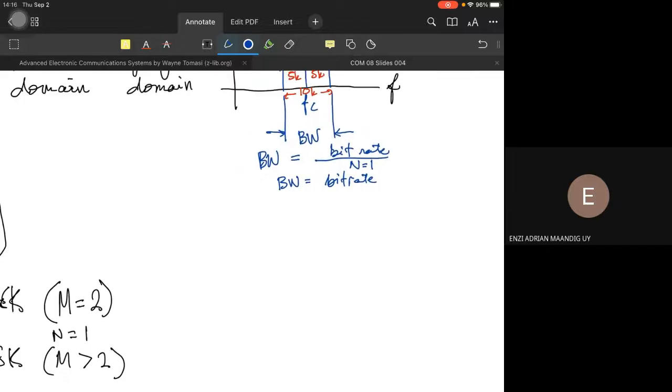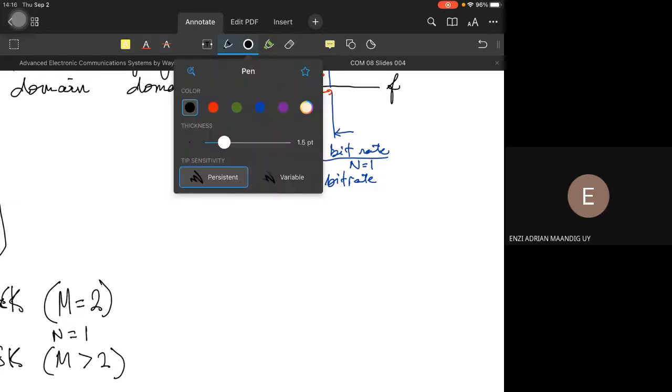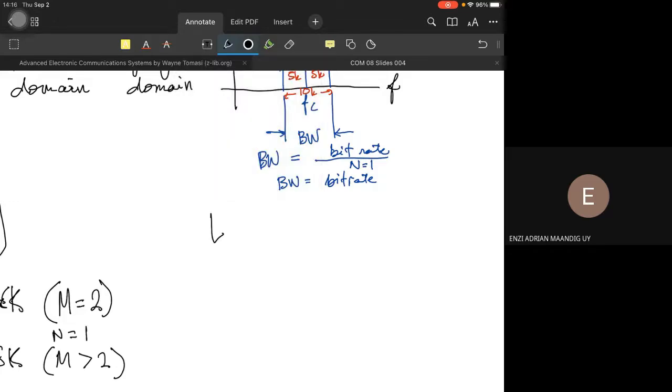Aside from Morse code, which is not modern, another example or application of a system that uses ASK is near field communication, NFC.